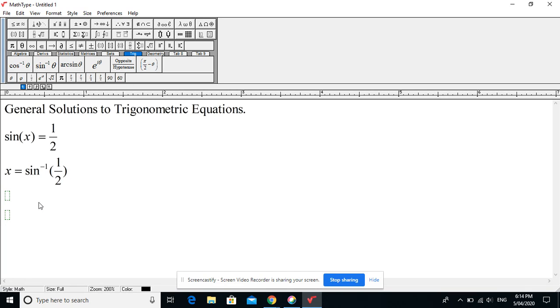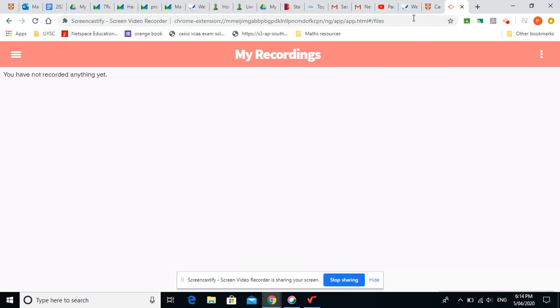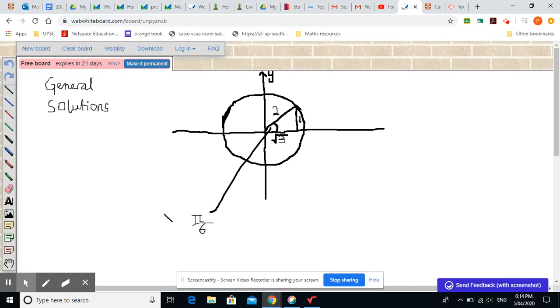We're going to need our unit circle, or our circle, with a triangle in the circle. Here's something I prepared earlier for drawing our triangle within the unit circle. We know that sine of x equals a half, or inverse sine of a half, is going to need the opposite over the hypotenuse to be 1/2.